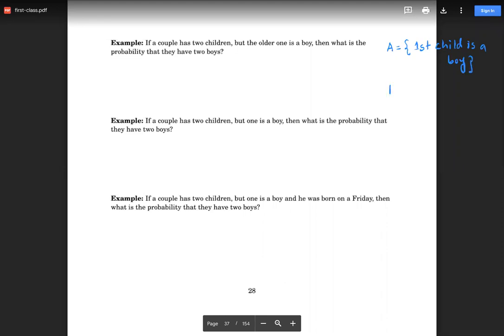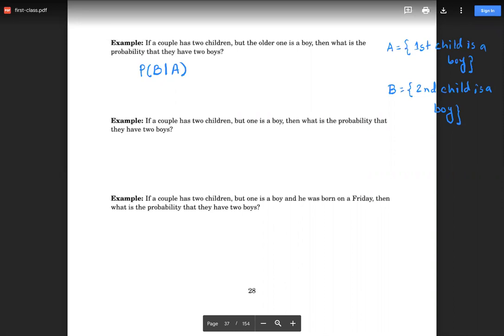B is the event that the second child is a boy. What in essence we are looking for is the probability of event B, that the second child is a boy, given that the first child is a boy.